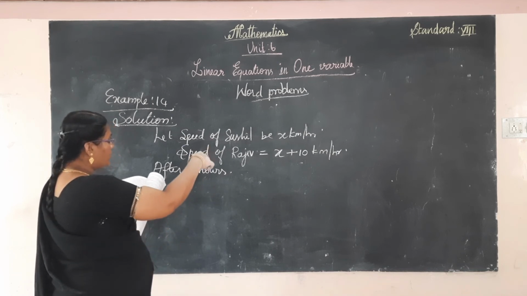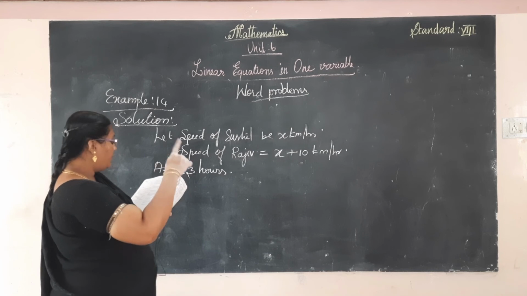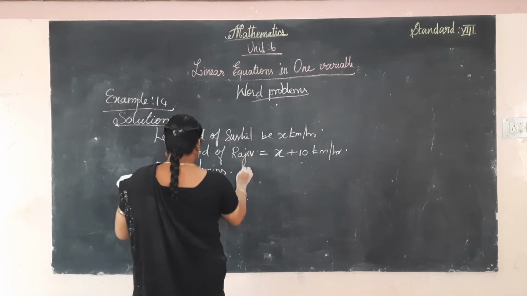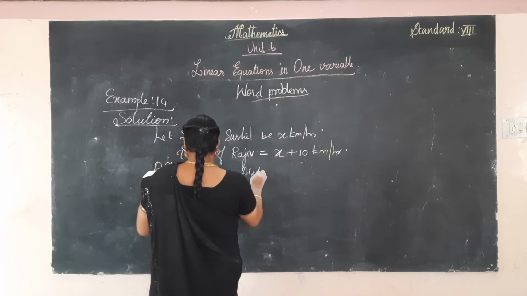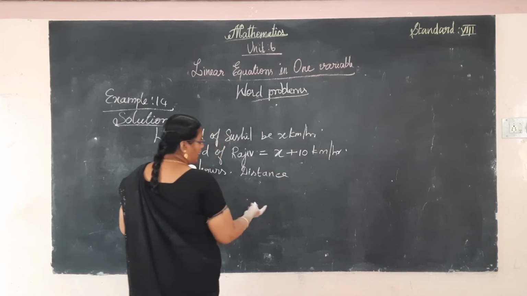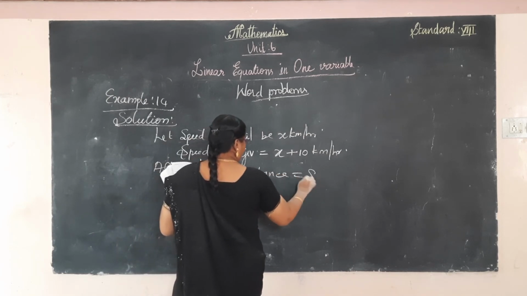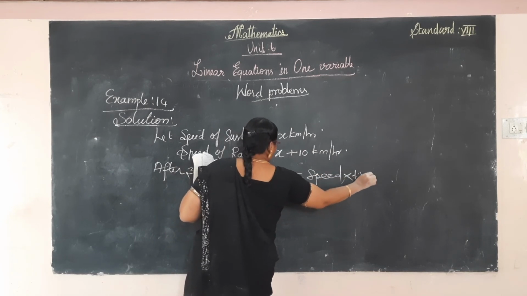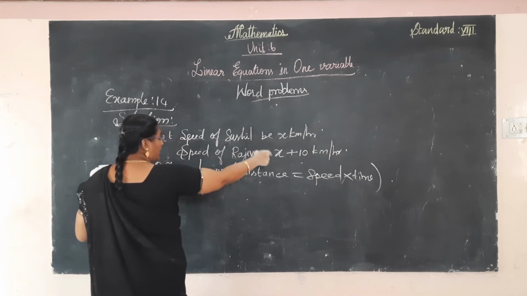We know the speed values, so multiply by the time, 3 hours. Here write only this formula, speed into time. So now multiply each term by 3.